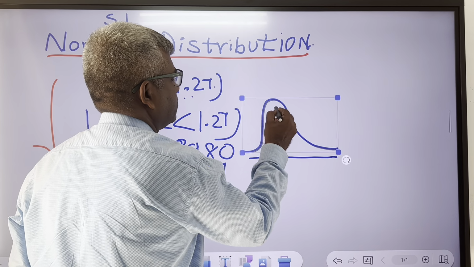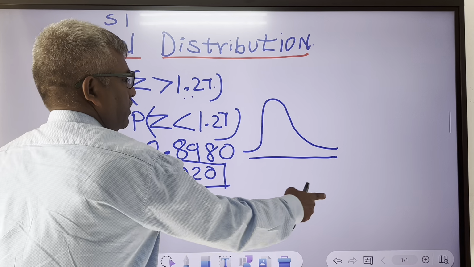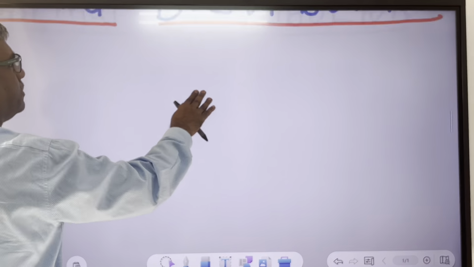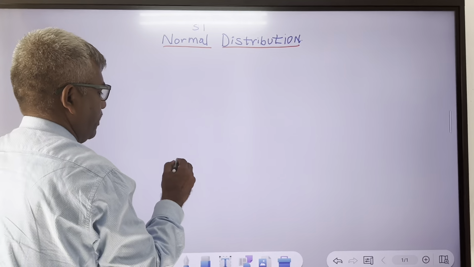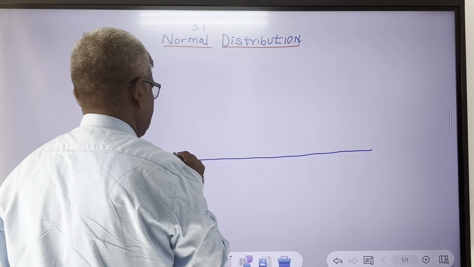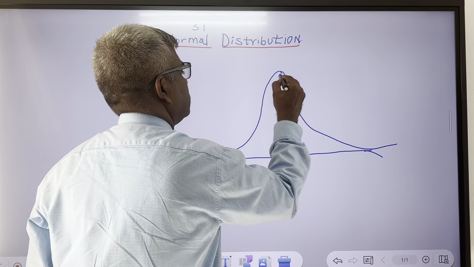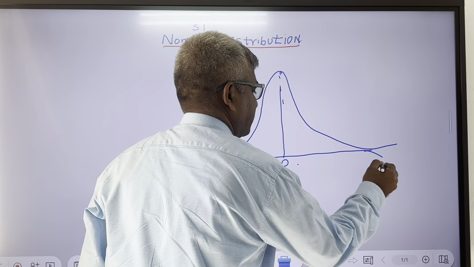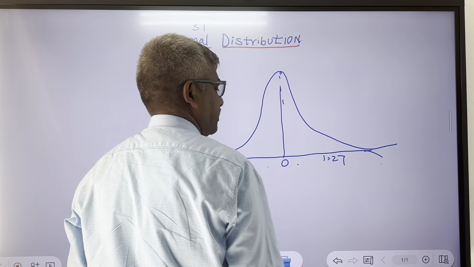Okay. You note it down everything? This is 0, the mean. On this side are positive values, on this side negative values. 1.27 is here, right?